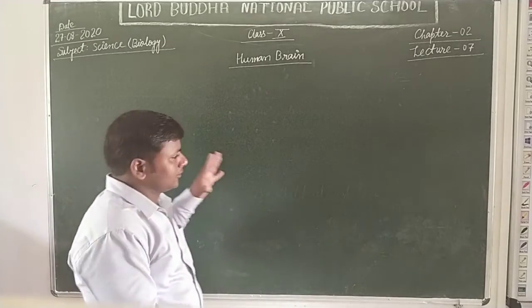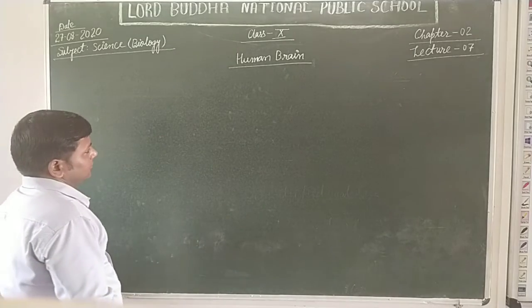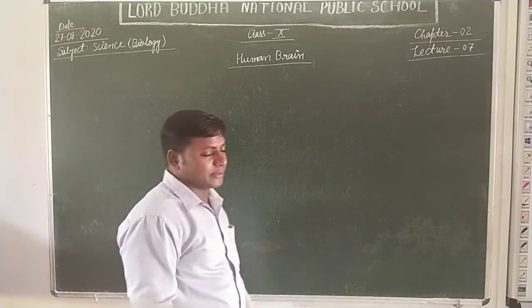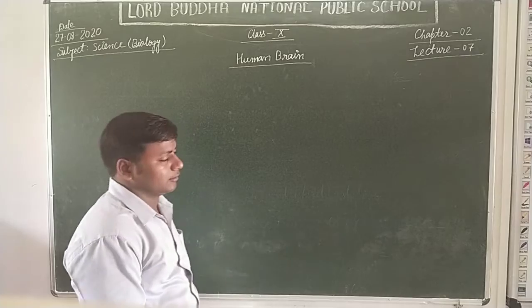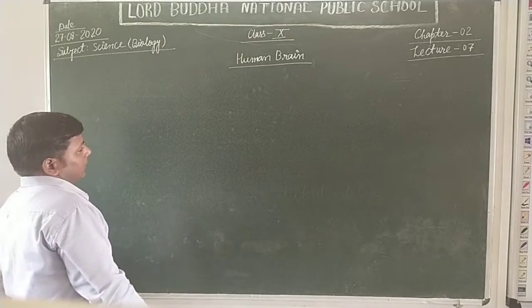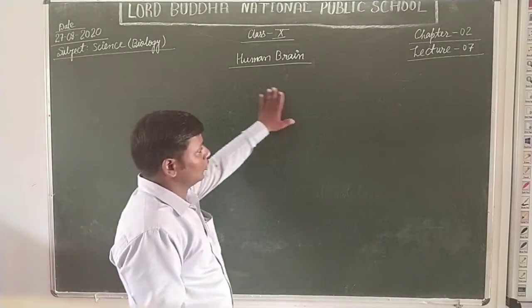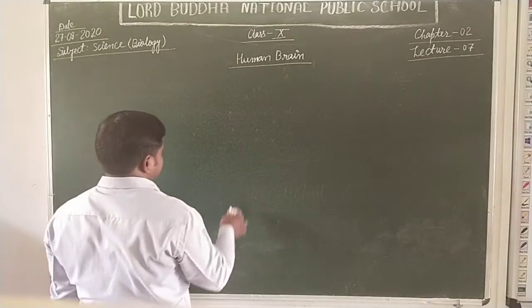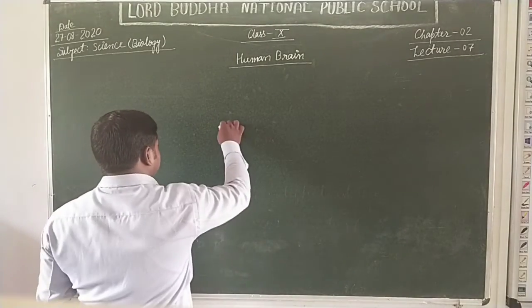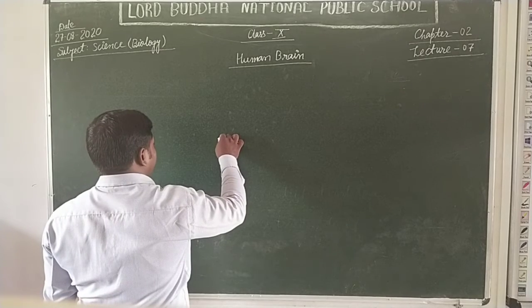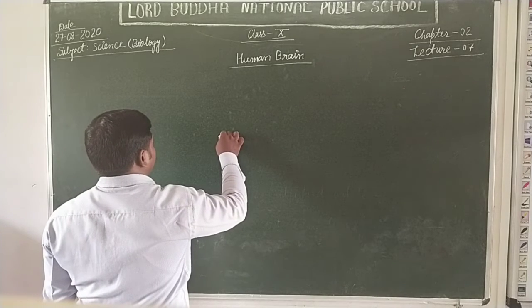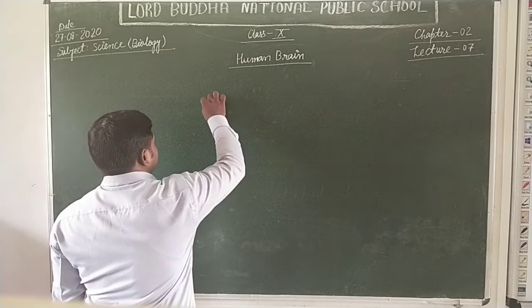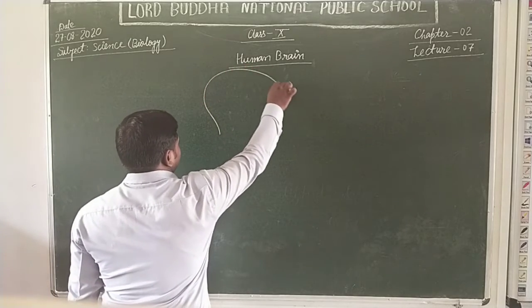Students, let's look at the diagrammatic representation of the human brain and how it looks internally. It is enclosed in the skull, and the skull forms the outermost protective case of our brain.